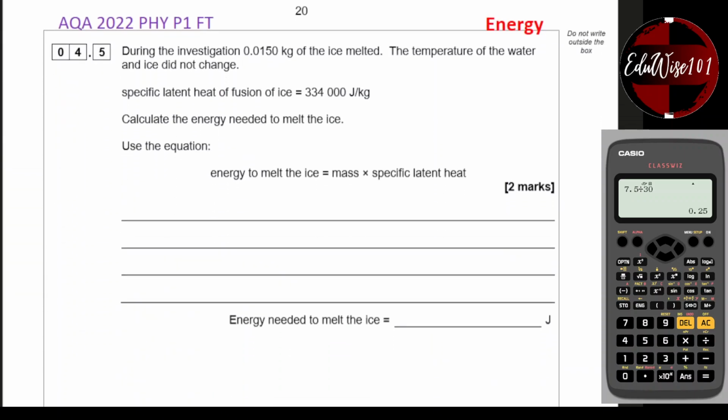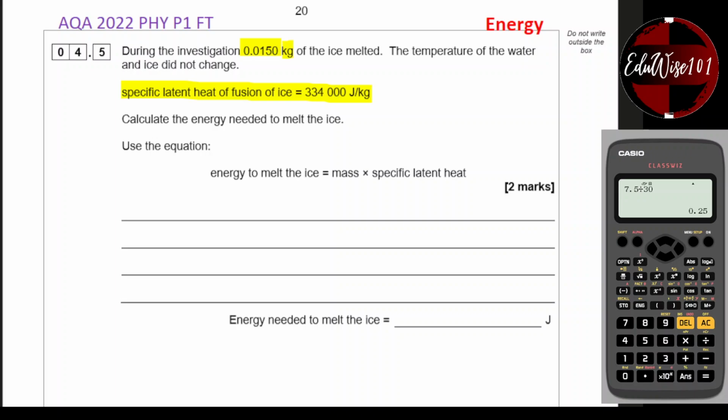Question 4.5. During the investigation, 0.0150 kilogram of the ice melted. The temperature of the water and ice did not change. The specific latent heat of fusion of ice is 334,000.